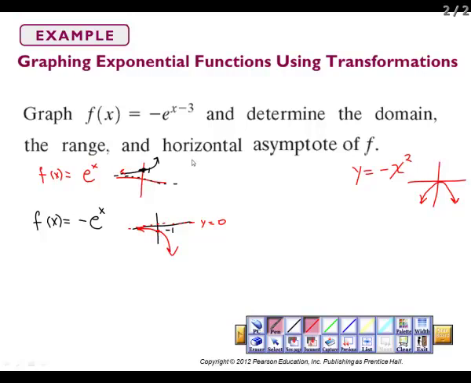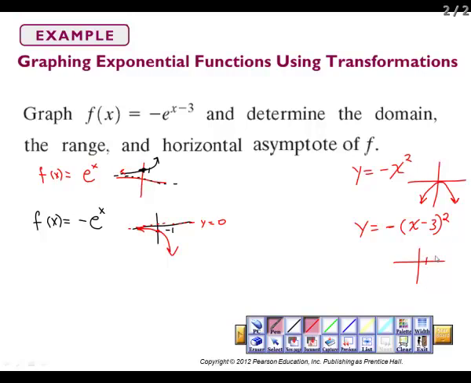And so from here, now this, x minus 3, comparing it to x squared, that would be like x minus 3, close parentheses, squared. So that's going to make the graph shift, and you should have said, it's going to open down, but it's going to shift which way?